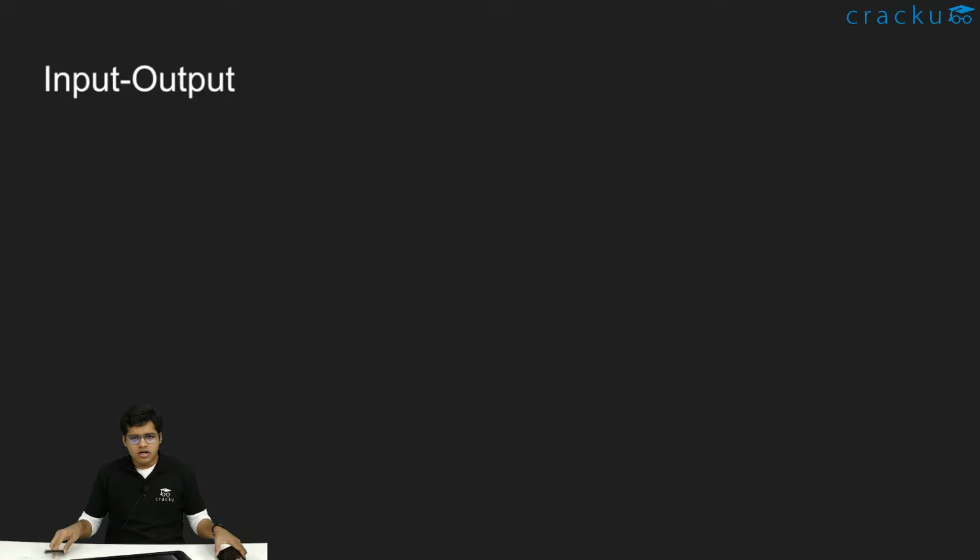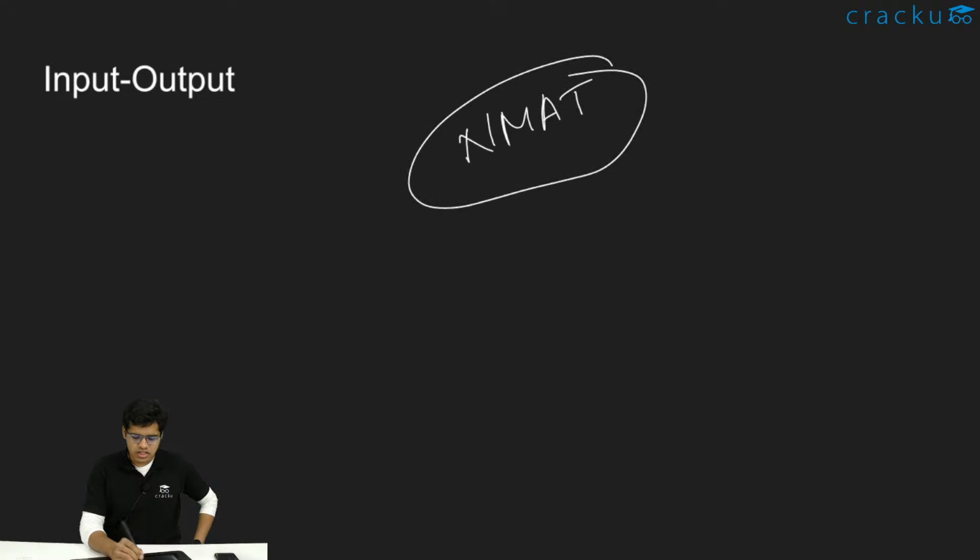So the next topic is based on input output. Input output is asked in NMAT, not in SNAP, and it was introduced in NMAT only last year, for the first time.